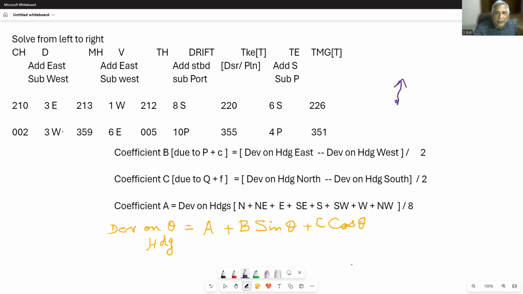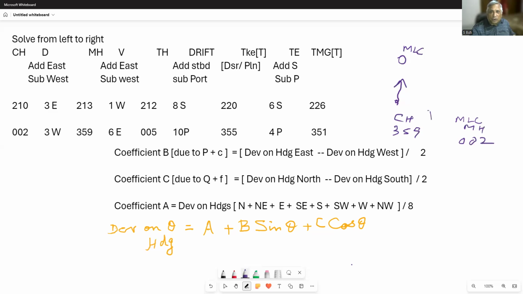Let's say here the pilot reports that my compass heading is 359. The person standing outside with the medium landing compass, which is the master compass, calibrated compass, will take the direction of this aircraft and tells you that my reading, MLC reading, which gives you the magnetic heading, is 002.